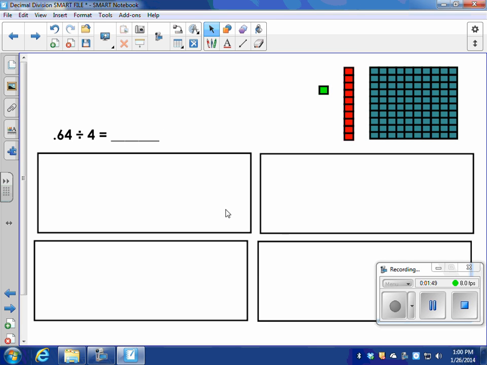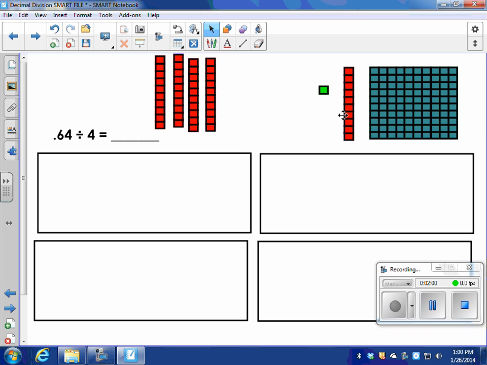Here we'll try another one. 64 hundredths divided by 4. So I'm going to pull over 1, 2, 3, 4, 5, 6. So I've got 60 hundredths or 6 tenths here. And then 1, 2, 3, 4 hundredths.